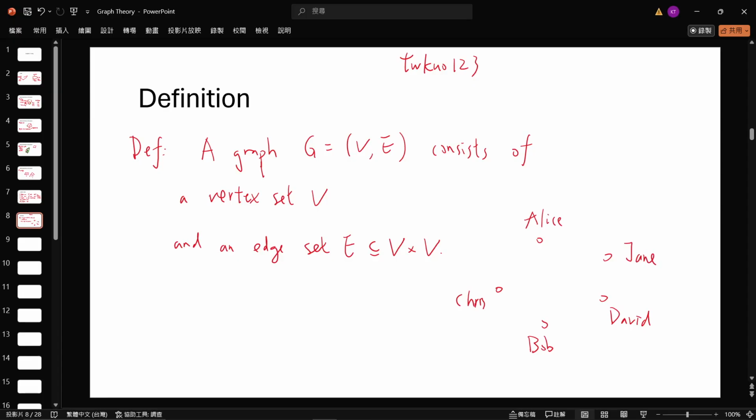For this example, we can say that the vertex set is just Alice, Chris, Bob, Jen, and David. So this is your vertex set.